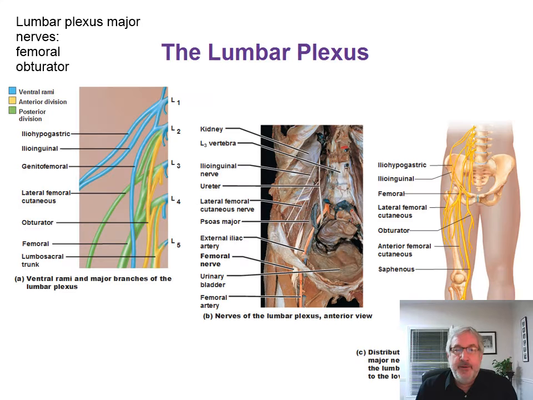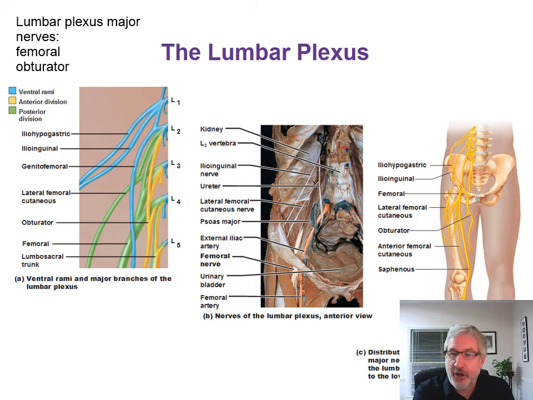Okay, next slide. So, lumbar plexus. We have the nerves coming out of here. We're talking about the obturator and the femoral nerves coming out of the lumbar plexus. Those are the only two nerves I want you to worry about. The other ones you can learn later for your own fun.